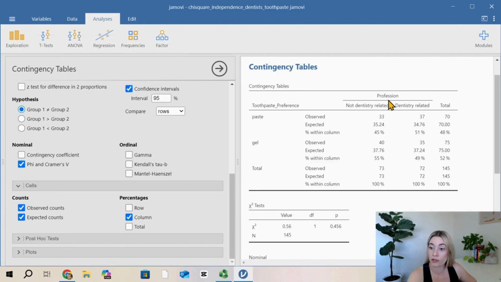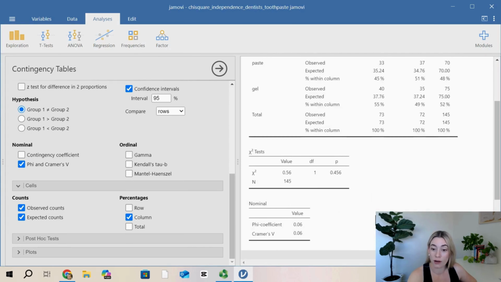If we move over to those who are in a non-dentistry related profession, we can see that 45% of those preferred paste and 55% of those people preferred gel. So there was a slightly higher preference for gel relative to paste. However, we need to identify whether the relationship between these two variables is actually statistically significant.